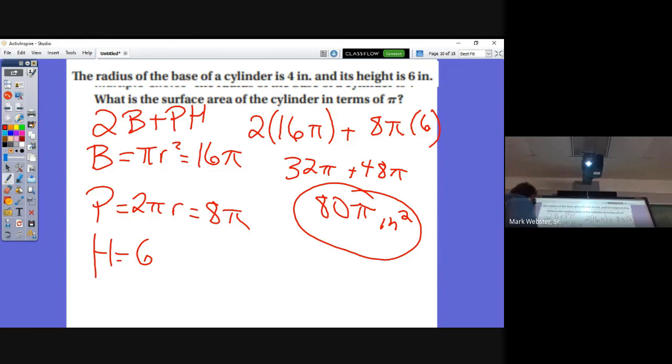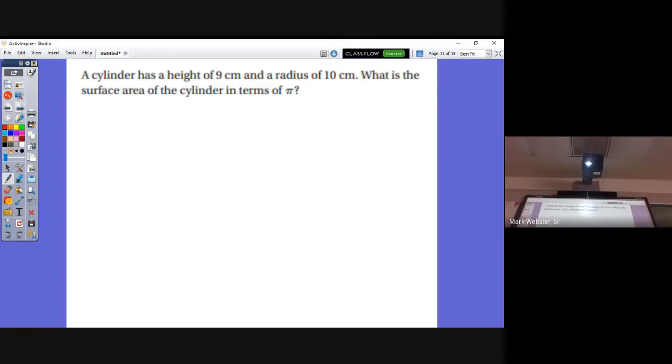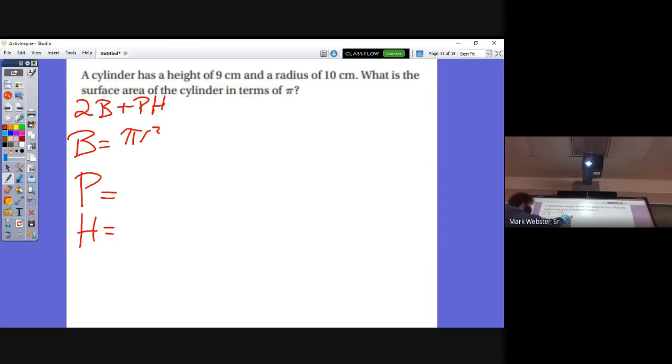Okay? Your turn. Same idea. All righty. Once again, remember we're dealing with a circle, so the area of the base is pi r squared. R is 10, right? So 10 squared pi, right?